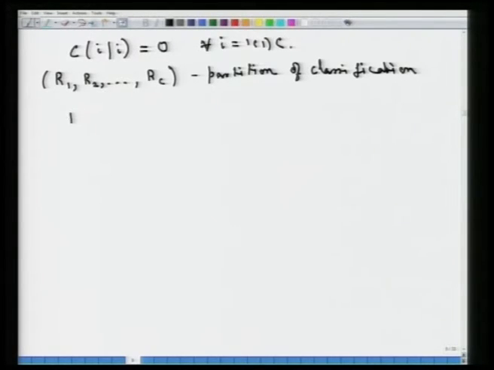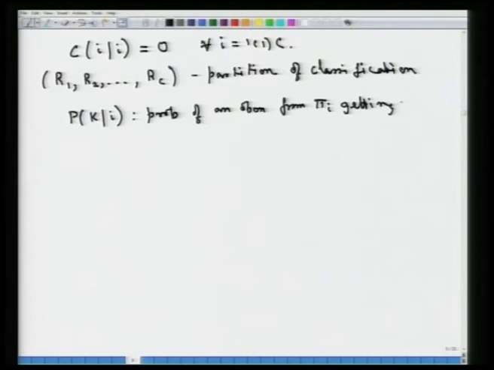Then we can also have a similar notation to what we had for a 2-class problem under a cost structure. This is the probability of an observation from pi i getting misclassified into the population k, that is pi k.